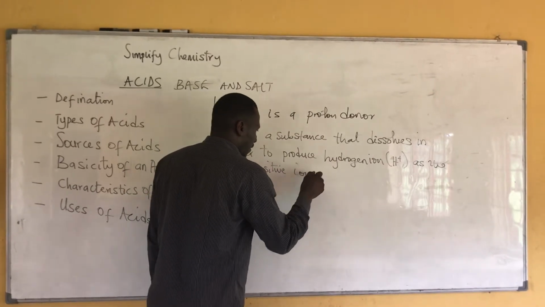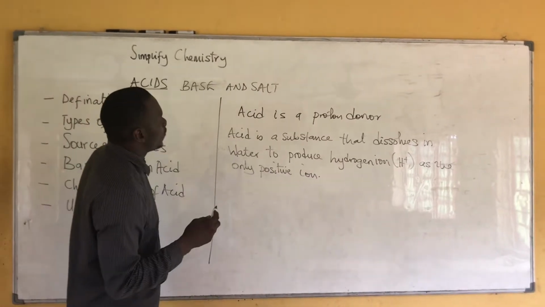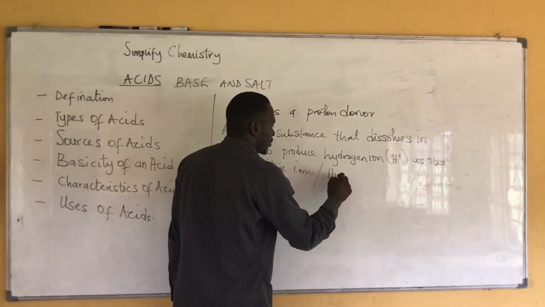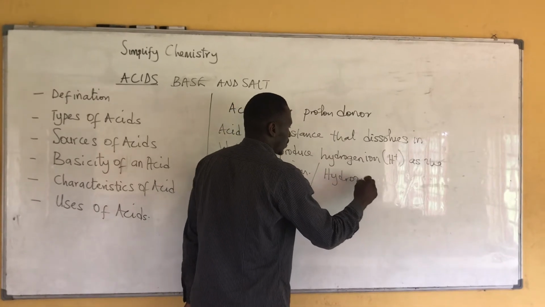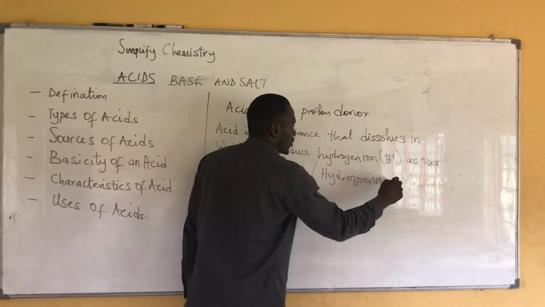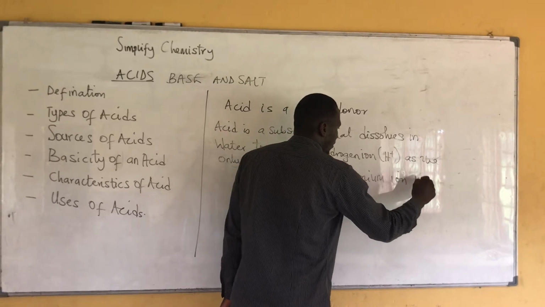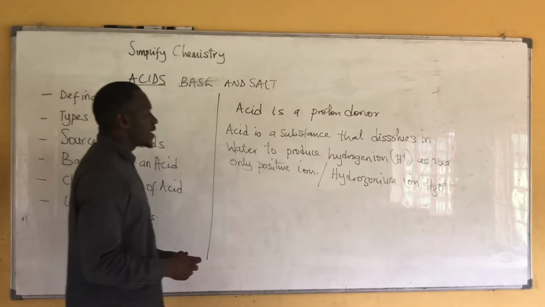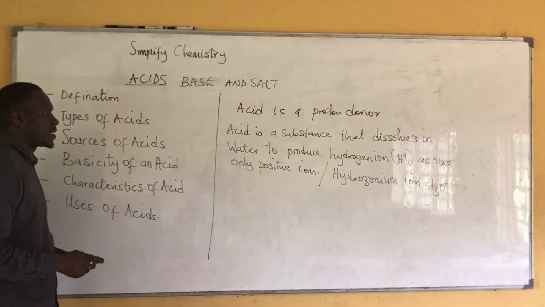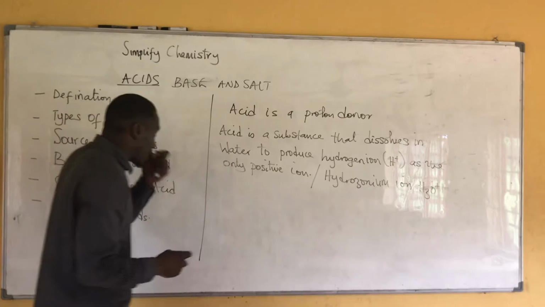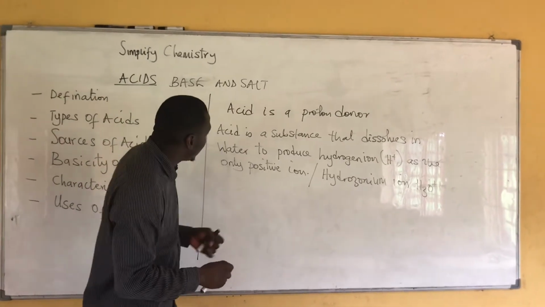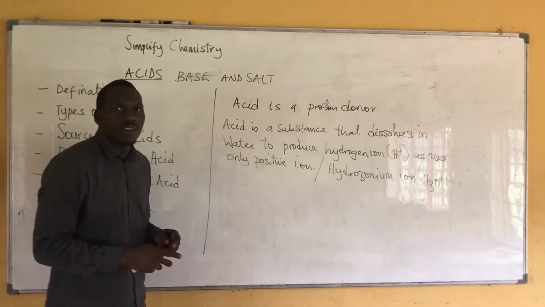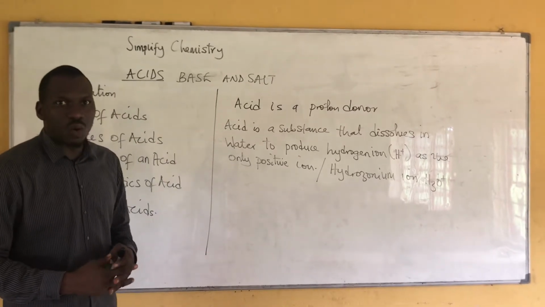Also, when an acid dissolves in water, it can also produce hydronium ion. This is the main characteristic of an acid: a proton donor and a positive hydrogen ion producer when it reacts with water.